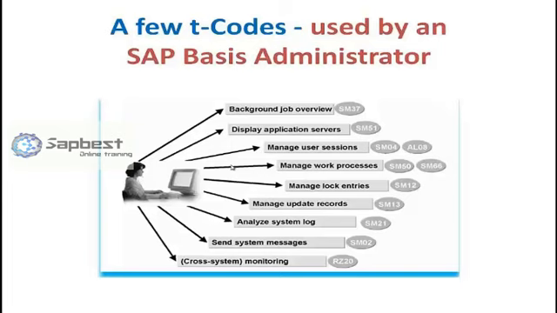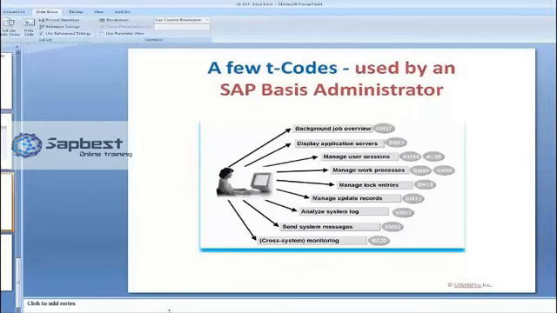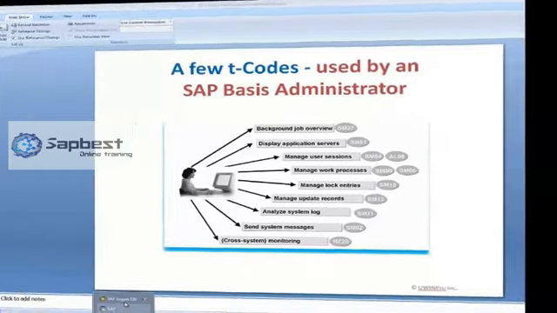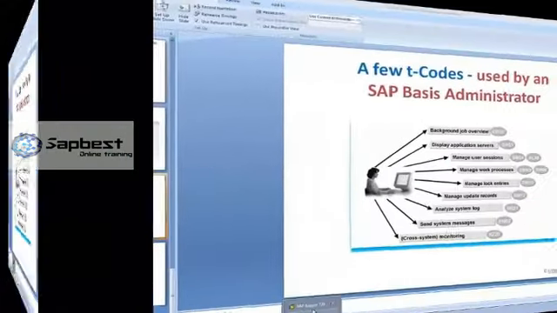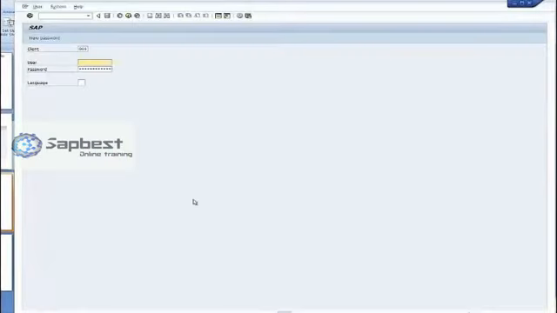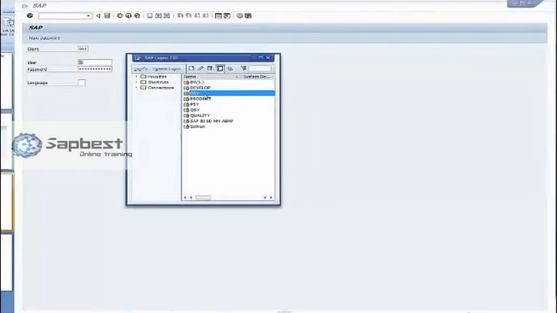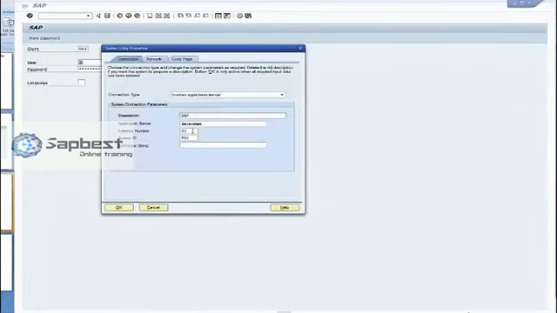Now I am going to show you how I log in to an SAP system. I opened the SAP Logon screen. I have many servers here. I select one of them. For the description, I can give any descriptive name.